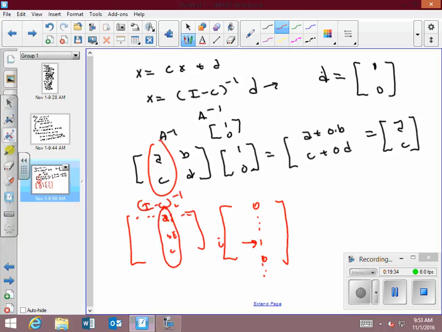So this column becomes the amount that has to be produced by any sector when the demand for that sector is increased by 1.